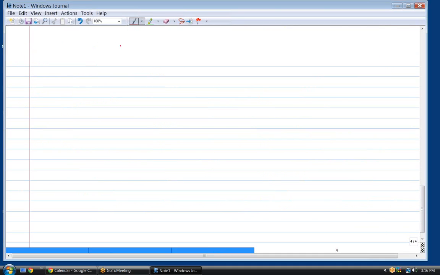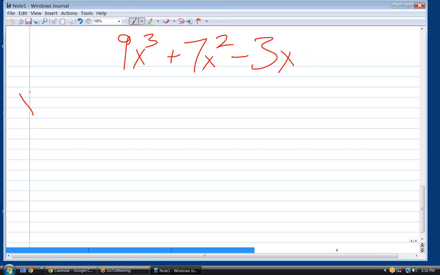9x cubed plus 7x squared minus 3x divided by x minus 10. No constant? No constant. Okay.